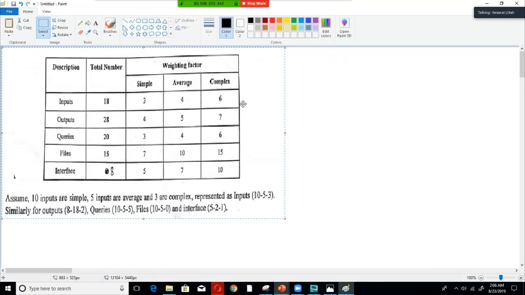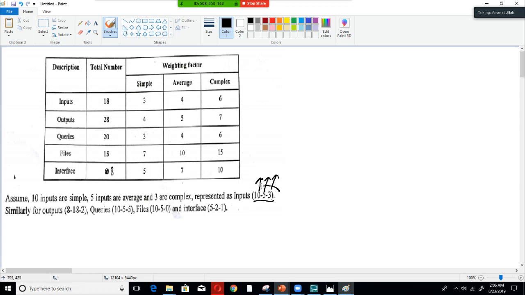So now let's see how we can find the total function points. For this example, we are given the weights of each operation: for simple input operation, for average input operation, and complex. We are also given how many inputs. For simple inputs we have 10, we have 5 average inputs and 3 complex inputs.